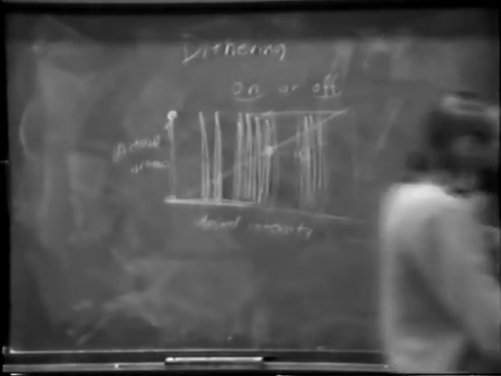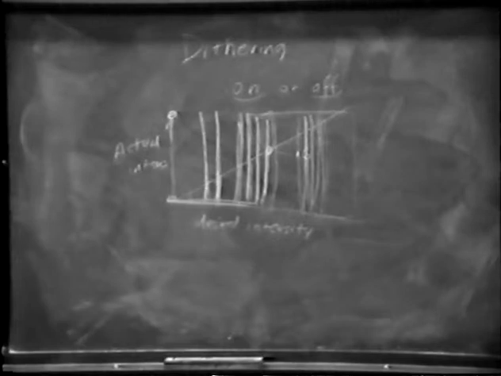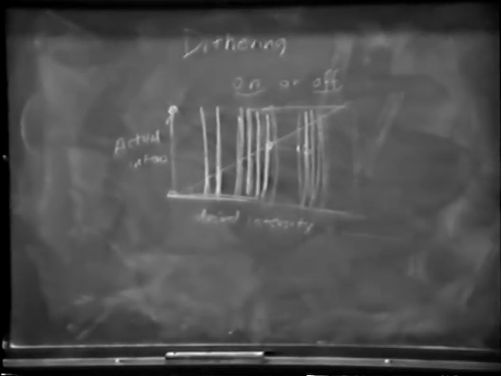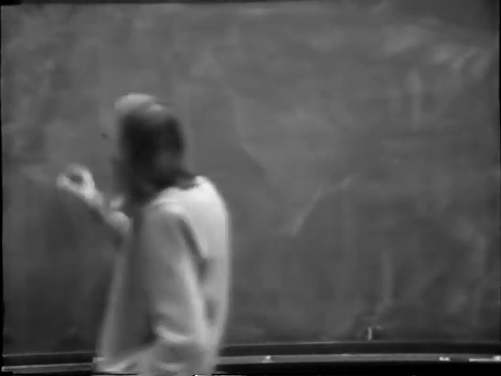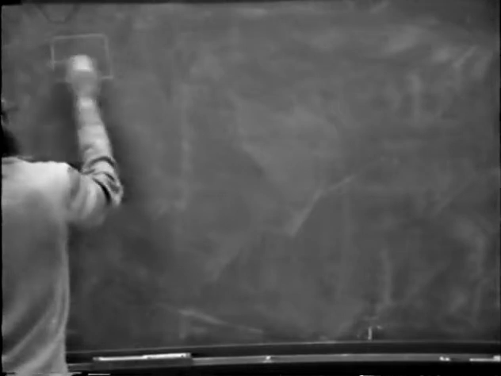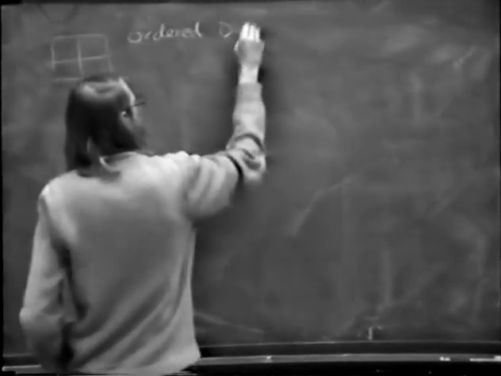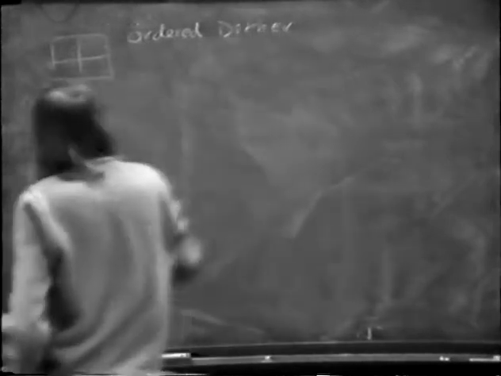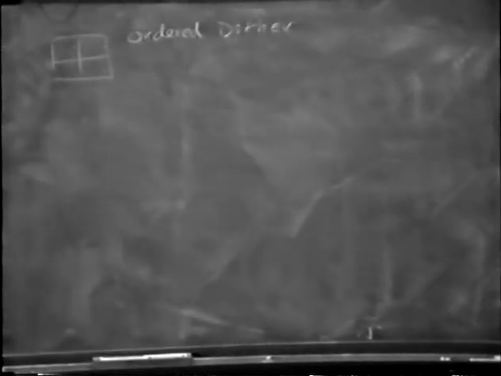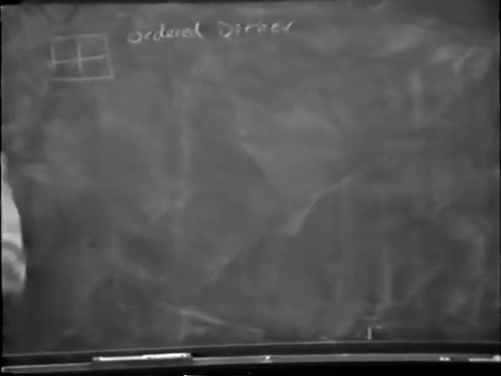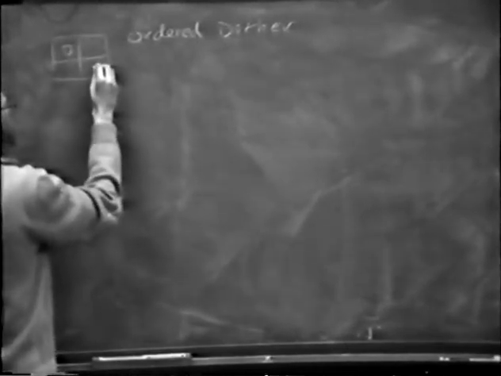Now there are various ways of optimizing this thing. The random number generator approach is not too bad, but you have to call a random number generator for each pixel. Another way that you can do it is to do what's called ordered dither. And that is you pre-specify for each pixel a little threshold value.